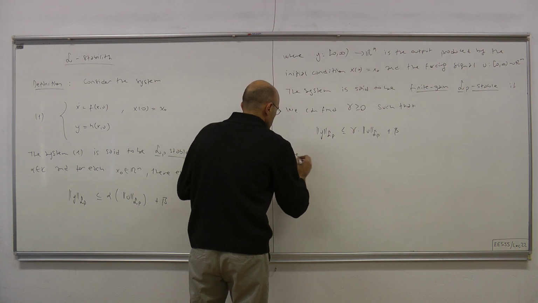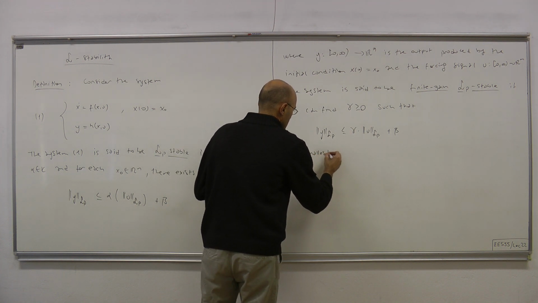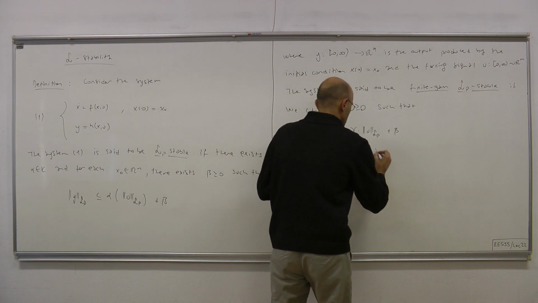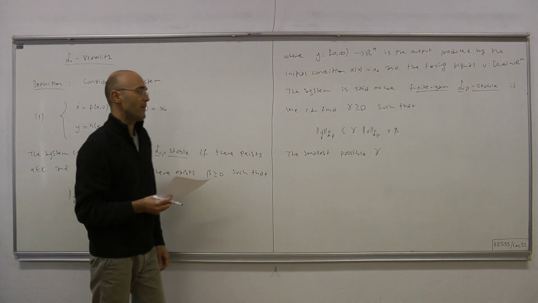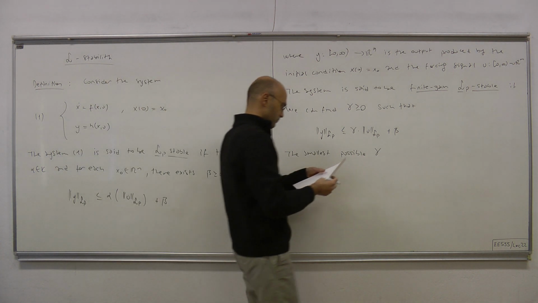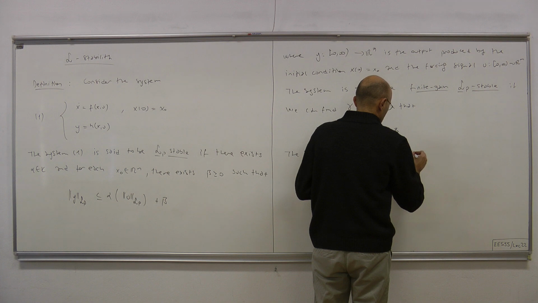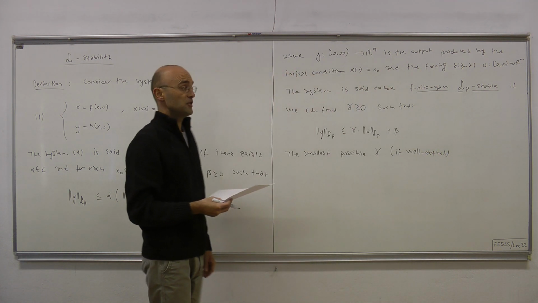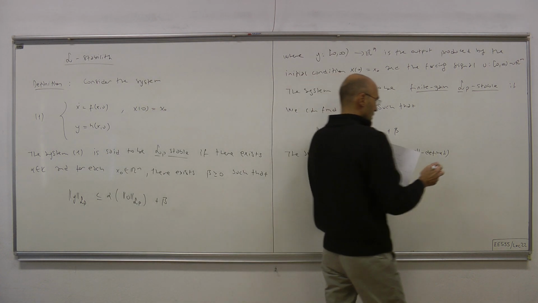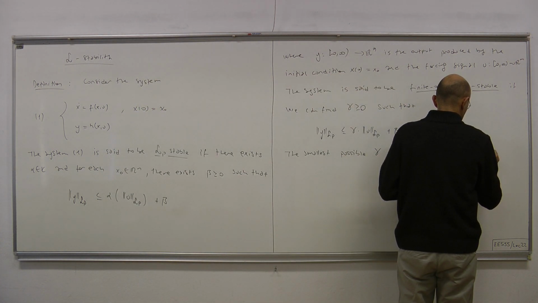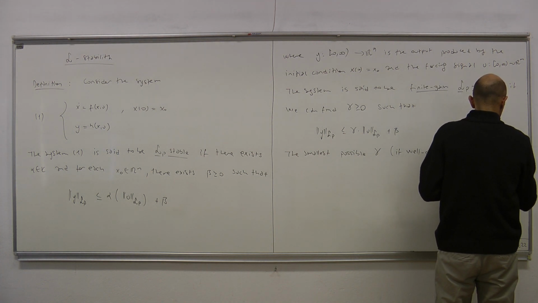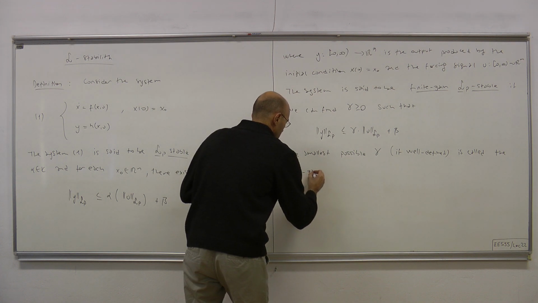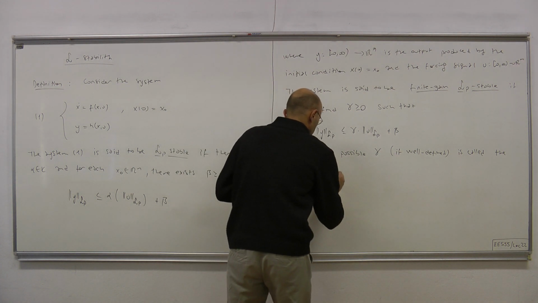And the smallest possible gamma that we're talking about, that constant, if such a thing exists, is called the Lp gain of the system.